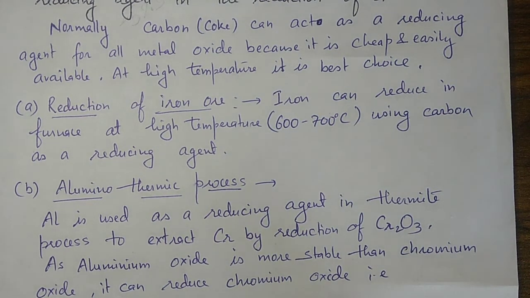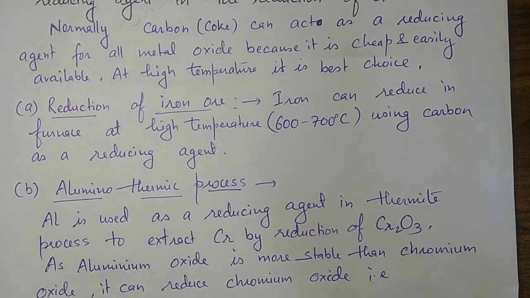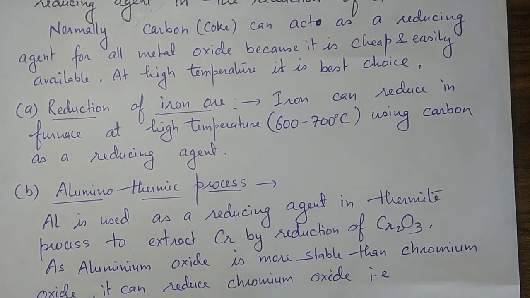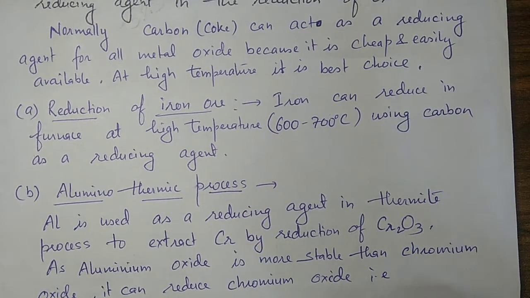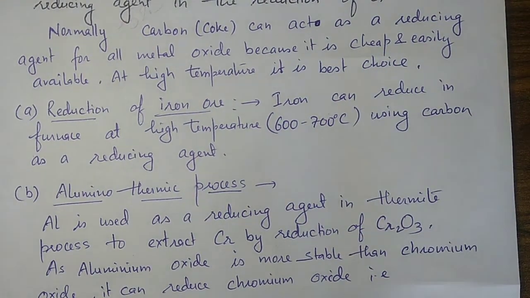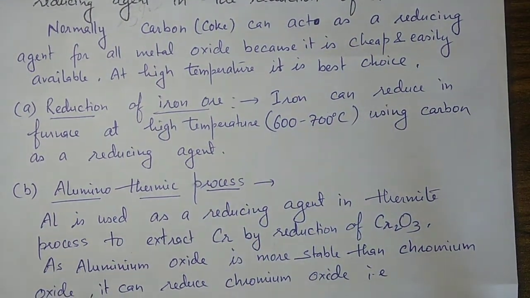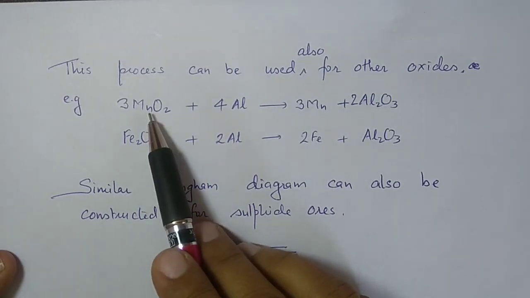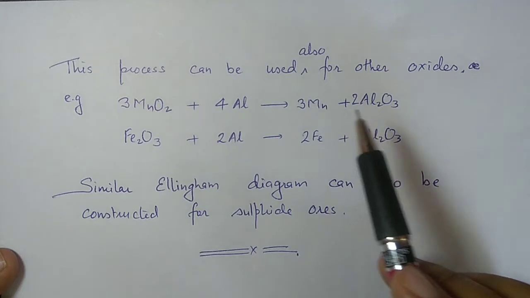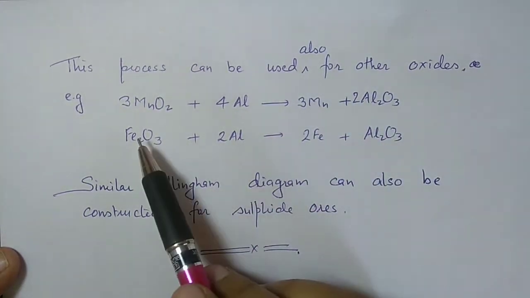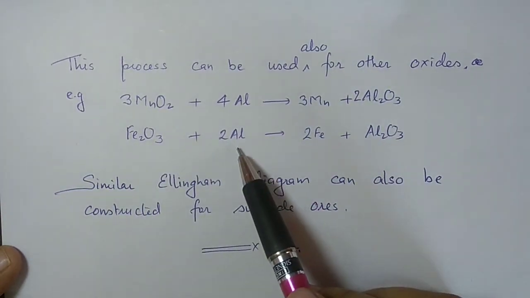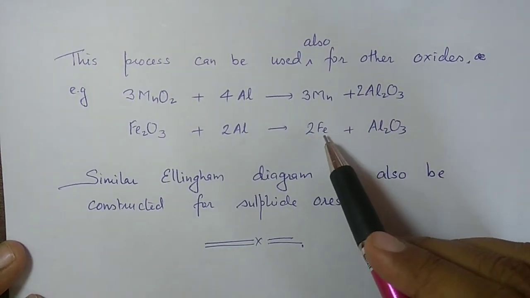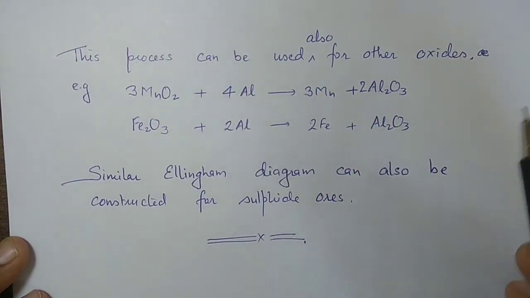This chromium oxide can be converted into chromium by reduction with aluminum as a reducing agent. Similarly, MnO2 can be reduced to Mn in the presence of aluminum. This Fe2O3 can also be converted into Fe, that is metal, in the presence of aluminum.